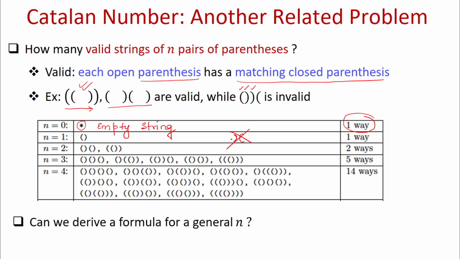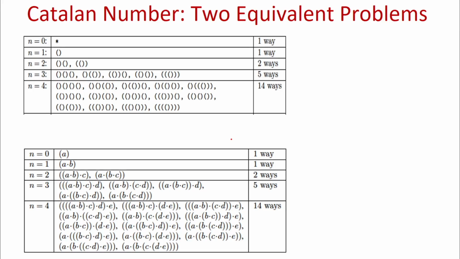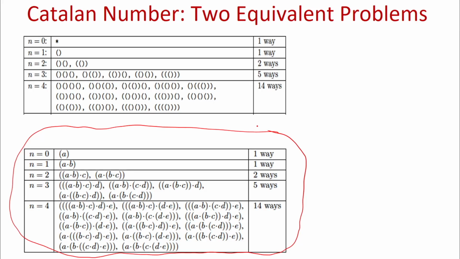So now we want to derive a formula for general value of n. And it turns out that the number of strings for general n is nothing but the value of the nth Catalan number. To do that, what we can show is the following. We already know that the solution for specifying the multiplication order for n plus 1 values is the nth Catalan number, because that was our starting point. And now we have a new problem, namely finding the number of valid strings with n pairs of parentheses.